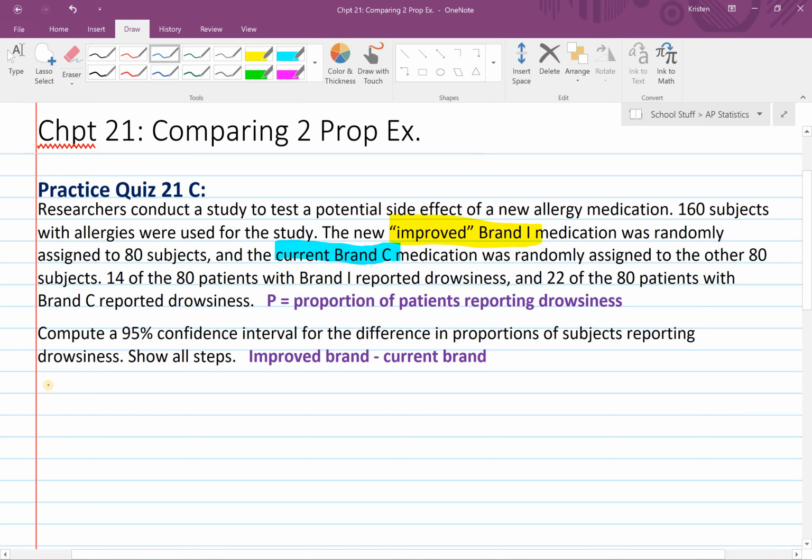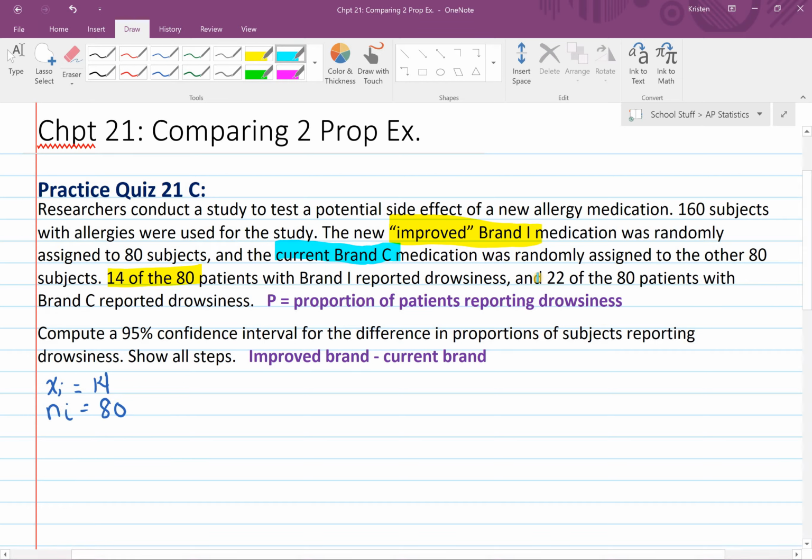For the improved brand, I'm going to denote this with X sub I. That is my number of successes from the improved brand. That number, it said, let's see here, where is that? 14 of the 80 patients with brand I reported drowsiness. So 14 out of 80.